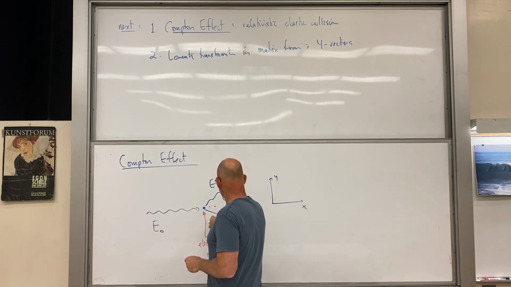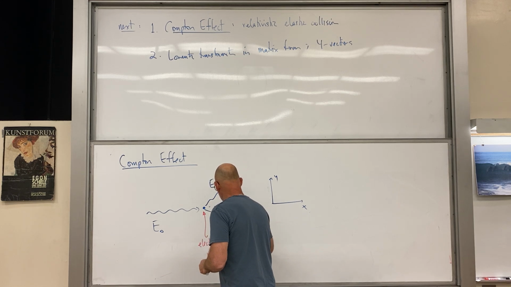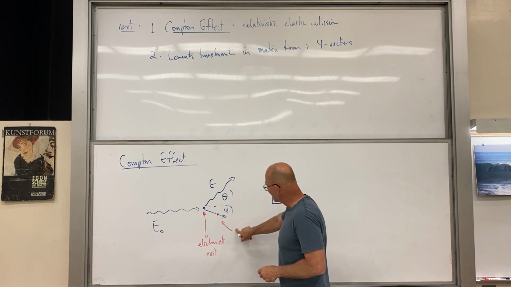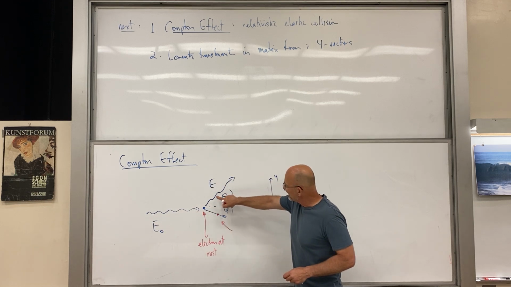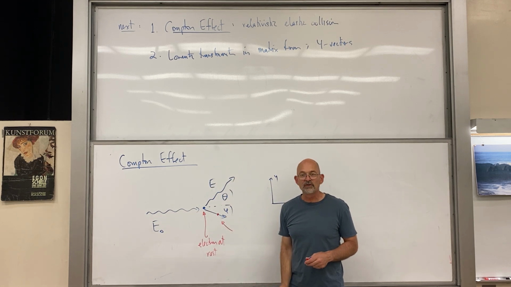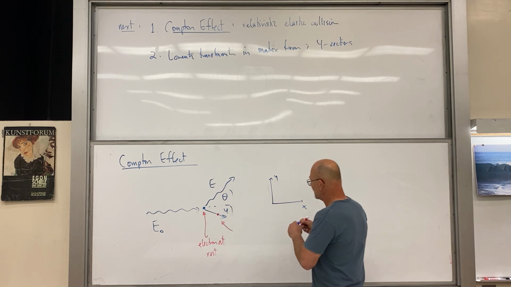So as far as this scattered electron goes, it has momentum and energy. The photon coming in and being scattered, each one also has momentum and energy. So there's energy and momentum.